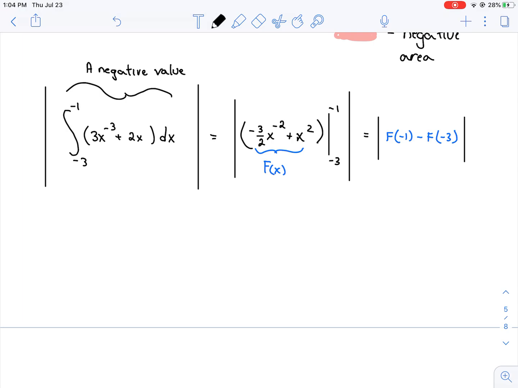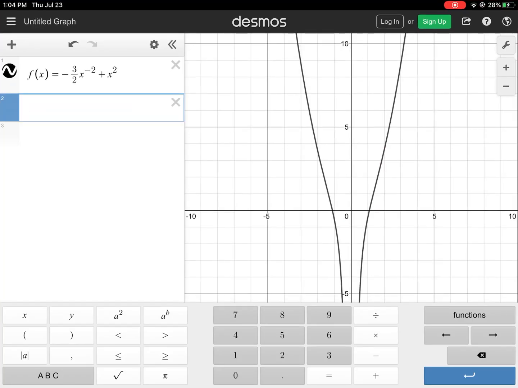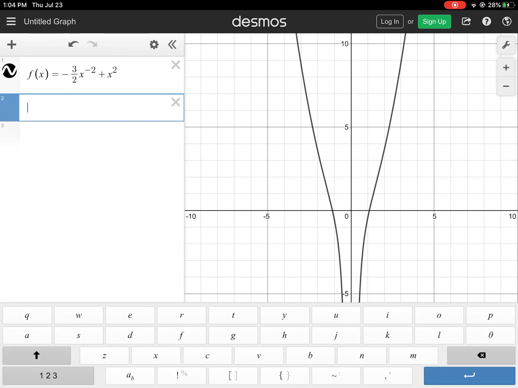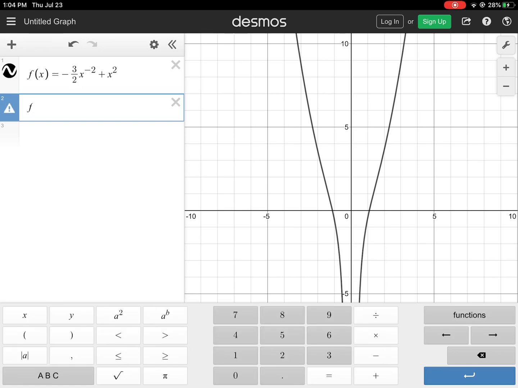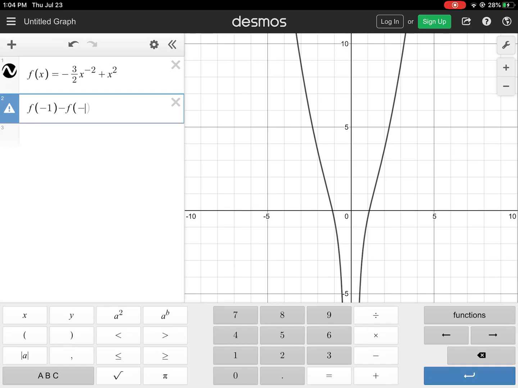And we're going to evaluate this in Desmos. So I've already gone ahead and typed in the antiderivative. So F of negative 1 minus F of negative 3.